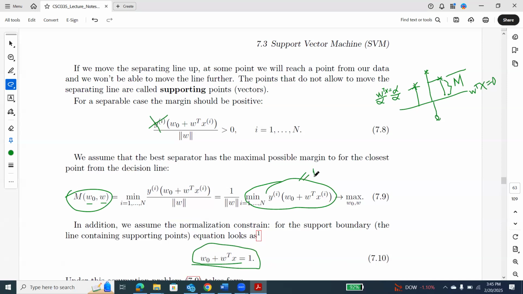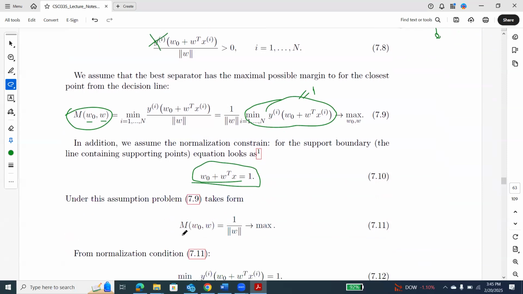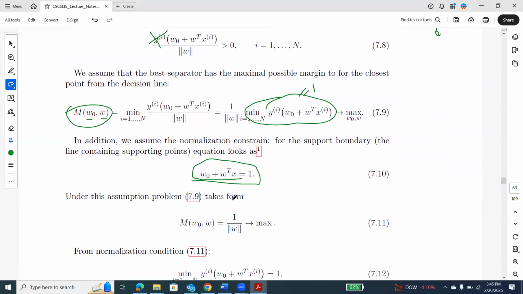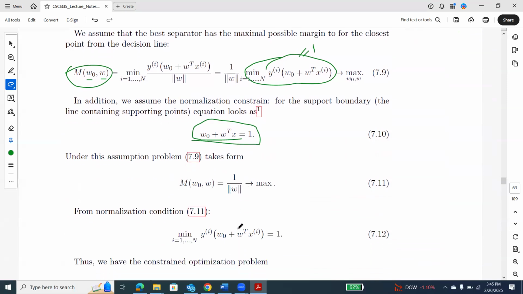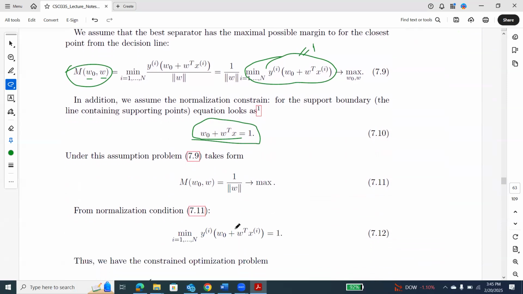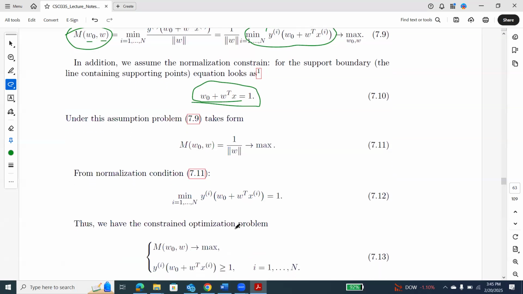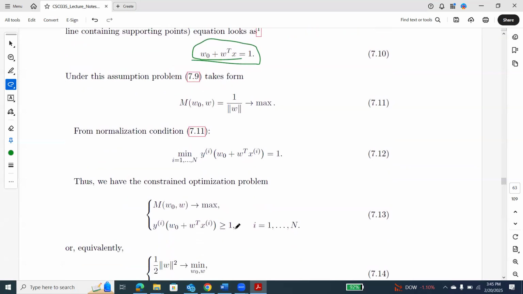And our problem will be simplified. Instead of minimum over W, we will have 1 over W to maximum. But at the same time, we will have this additional constraint. And we can reformulate this as follows.